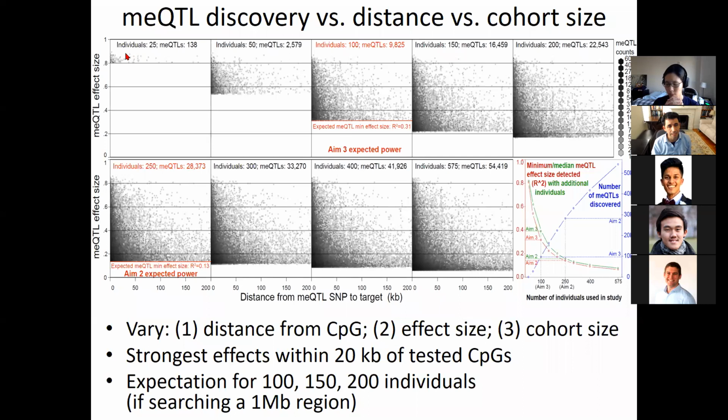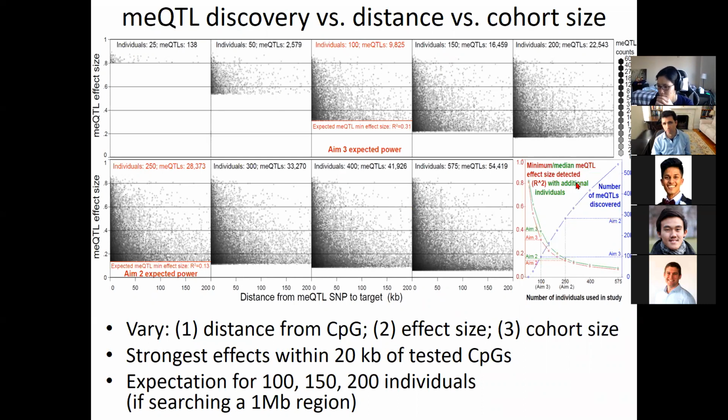And what you notice is that, of course, the number of QTLs grows dramatically with more individuals. So as I increase the number of individuals, I increase the number of methylation QTLs that are discoverable. But if you also look at the effect size, I'm able to discover weaker and weaker effect sizes with more and more individuals.